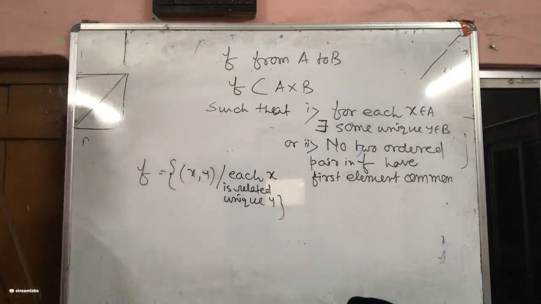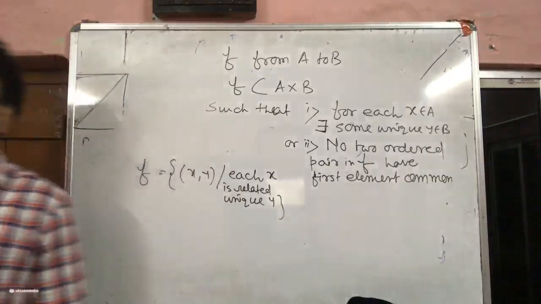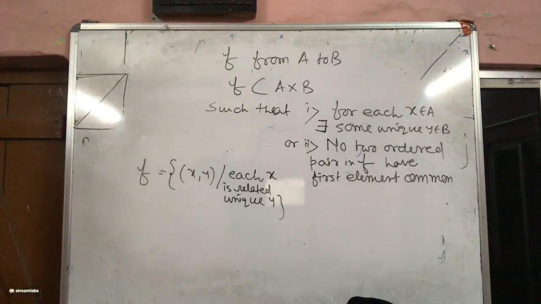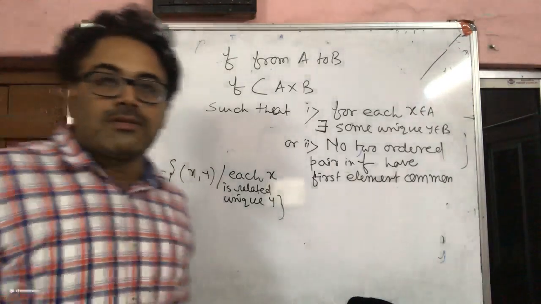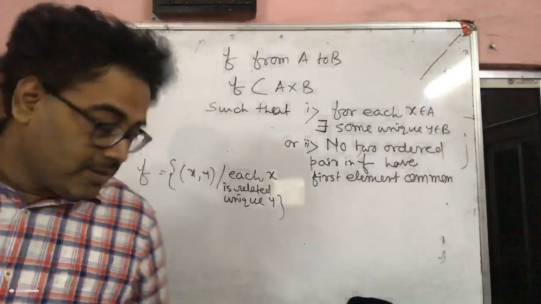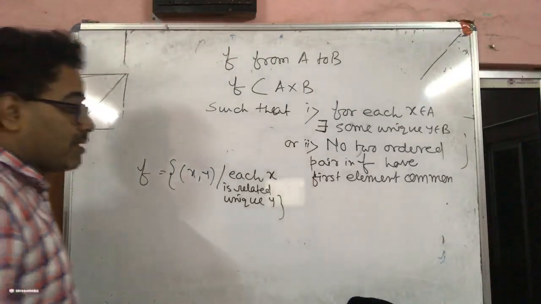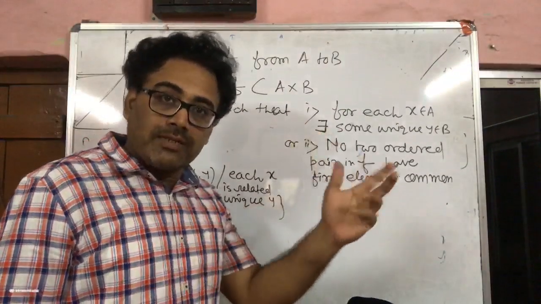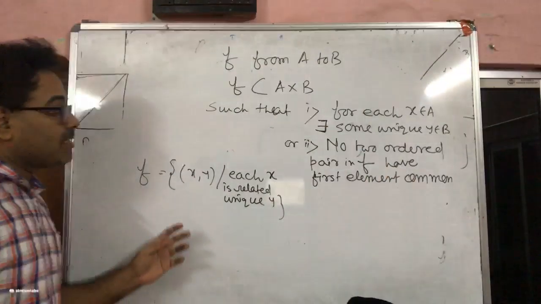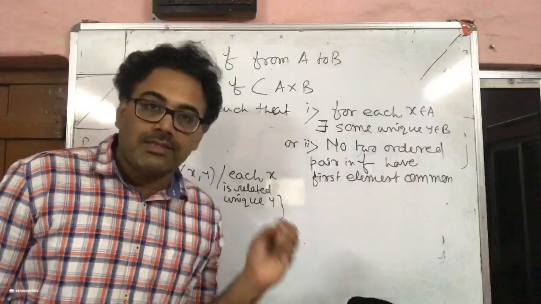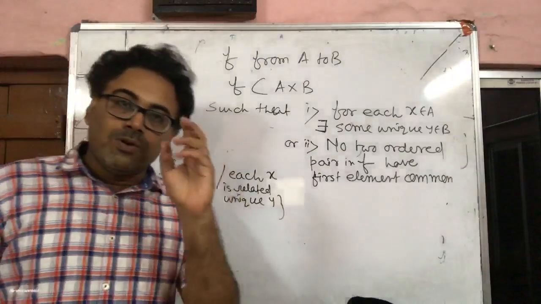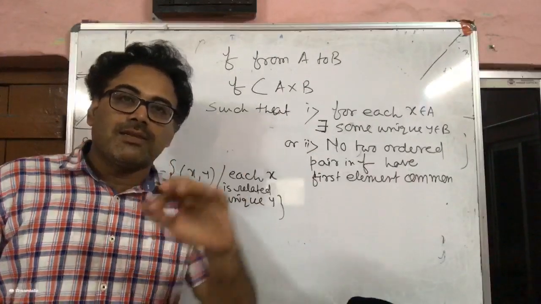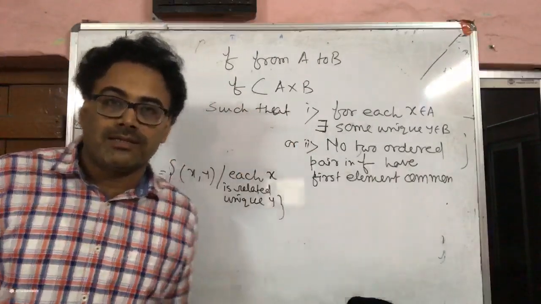So note it down everything. I will explain with an example. A cross B contains pairs like x comma y, but in a function the restriction is that for one x you will be getting only one y.